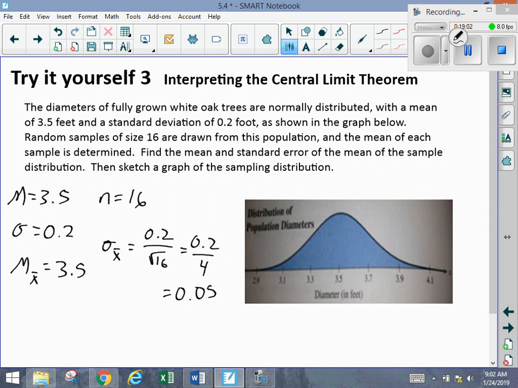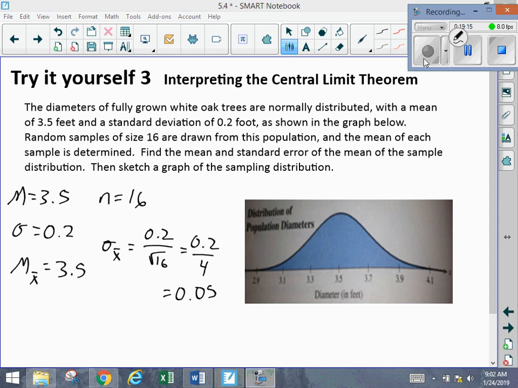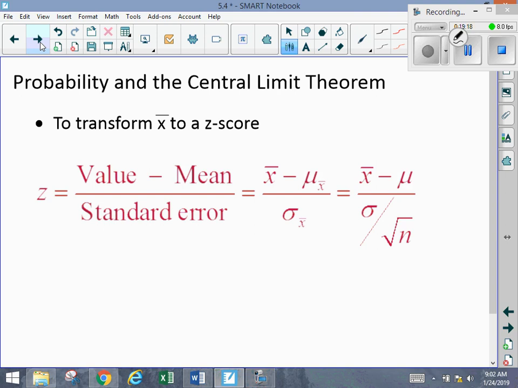I'm not going to draw the sampling distribution yet. I think we're good with where we're headed. We're headed at actually calculating probabilities. Alright, so we're going to get a z-score using the sampling distribution of sample means.